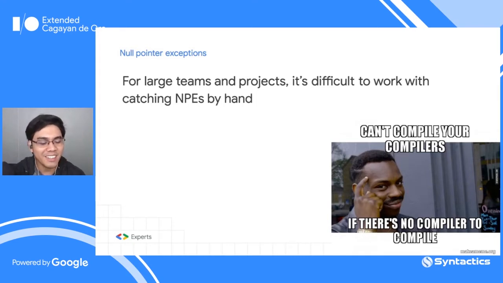Because you probably have a lot of workarounds to get around null pointer exceptions. But again, this will not work for large teams and large projects, because people who are part of these teams are deploying features, sending pull requests, probably multiple times a day, and tracking it manually is really difficult to do.